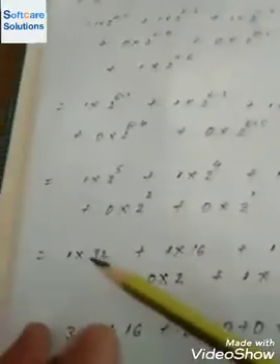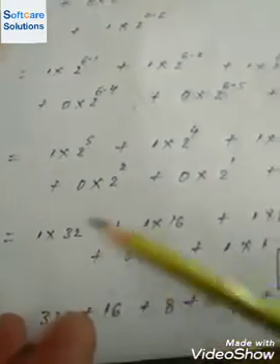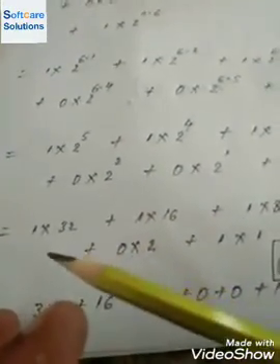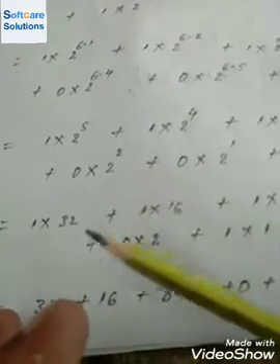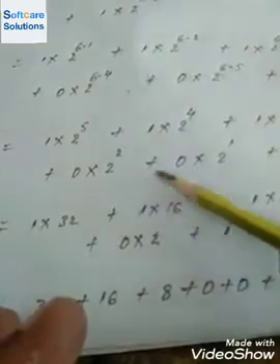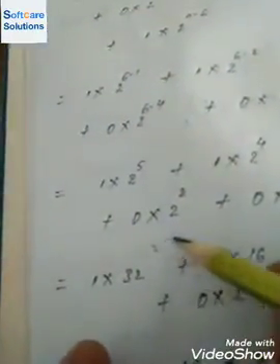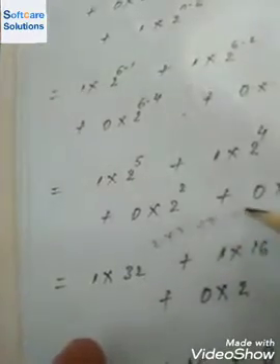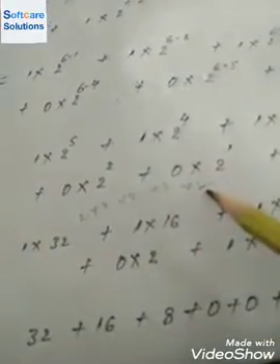So 2 to power 5 means 2 multiplied 5 times, that means 2 into 2 into 2 into 2 into 2. 2 2s are 4, 4 2s are 8, 8 2s are 16, 16 2s are 32.